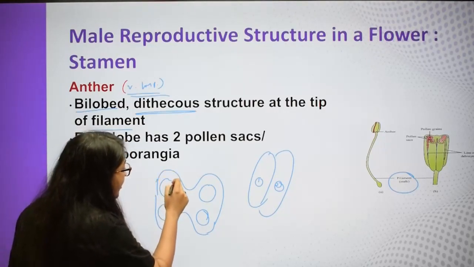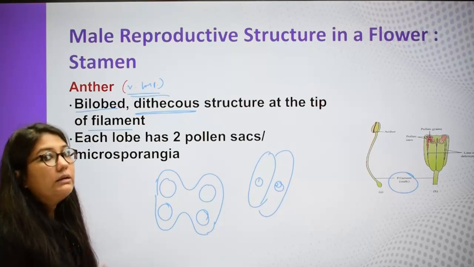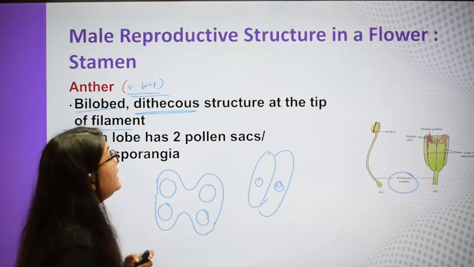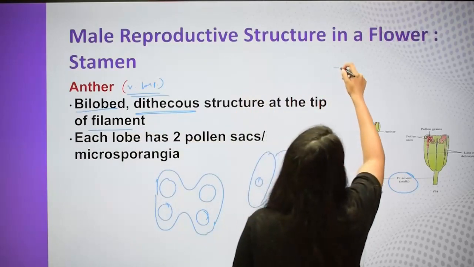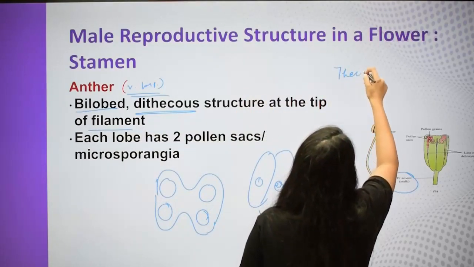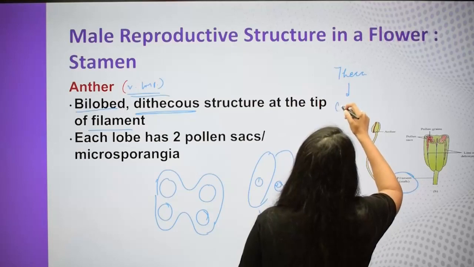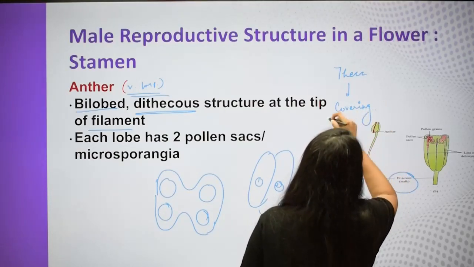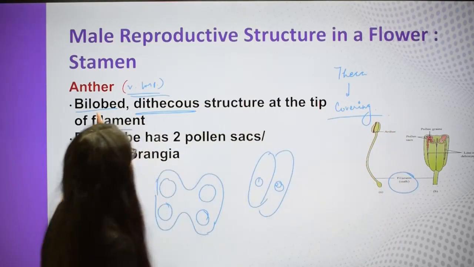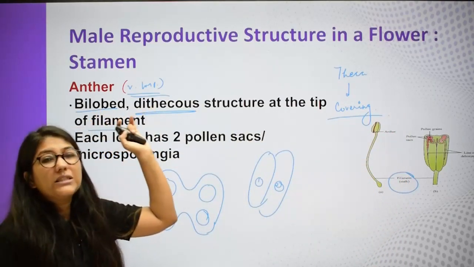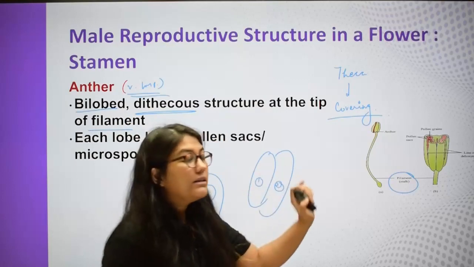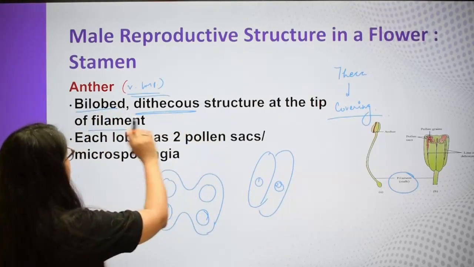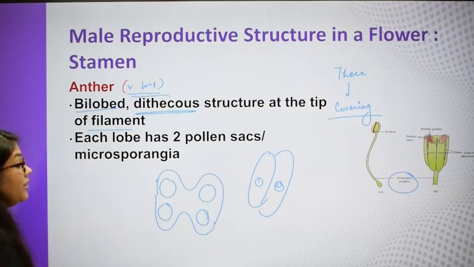And here, what are we going to find? We are going to find the coverings. So each lobe of the anther is dithecous. Theca means covering. So anther, bilobed, dithecous, very important NCERT terms. You have to remember bilobed, dithecous, structure at the tip of the filament.